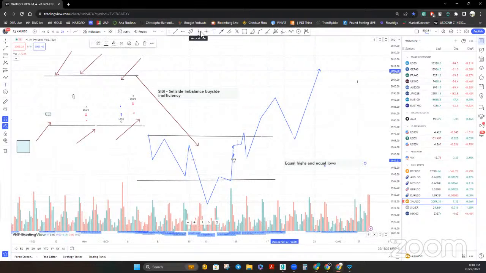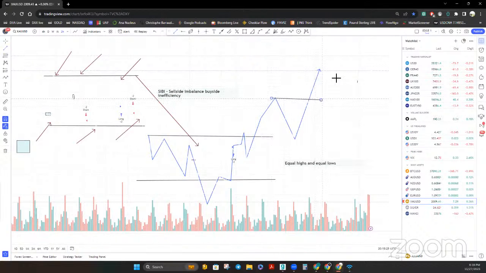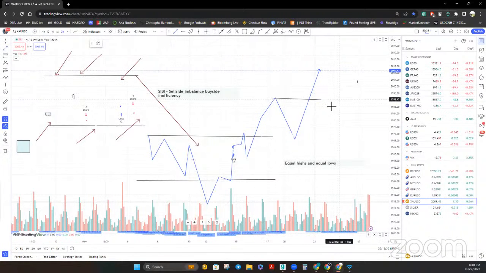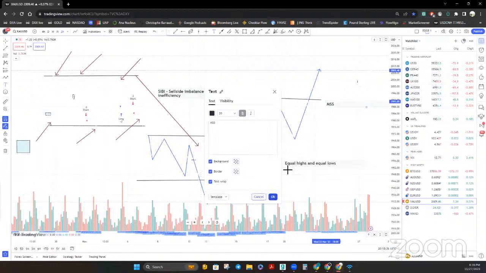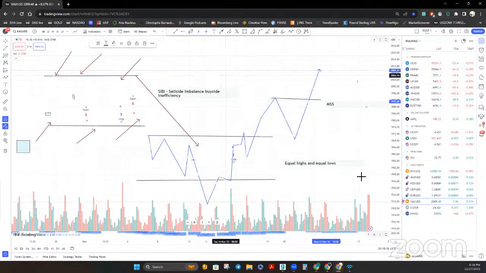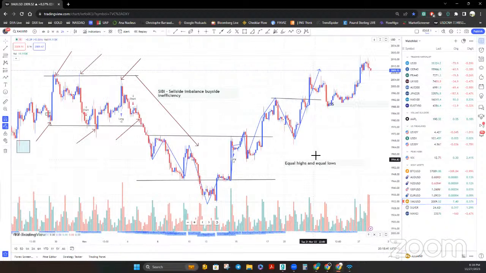So the structure break here would mean the market structure shift. So here we had price breaking this level and then essentially making a move higher. So now this one would mark our MSS, which would mean that we're now having structure changing, okay? Now, if I bring back my candlesticks, you can see it much more clearly there, okay?